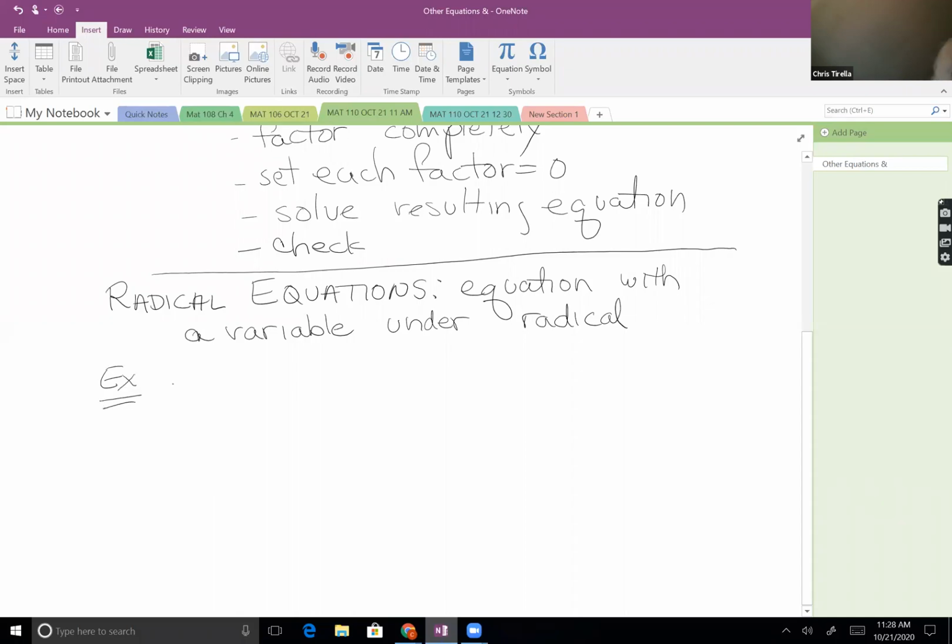let's say I have 3 times the square root of 20 minus 8x, minus 3x, equals 0. How fun does that look?